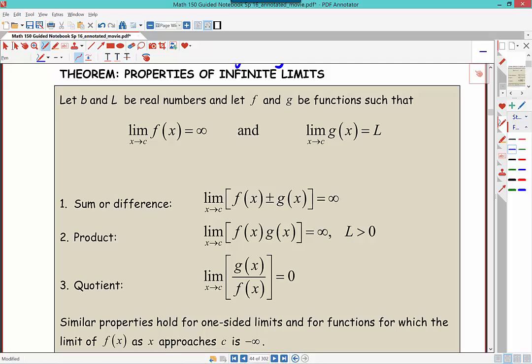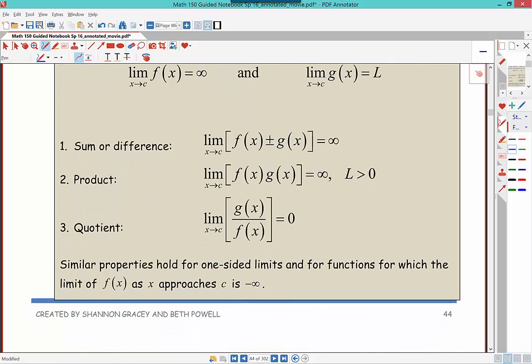And another limit has a finite result. You get 3 or -12 or 22 thirds or something like that for the limit as x approaches c of g of x, which ends up being finite, right?